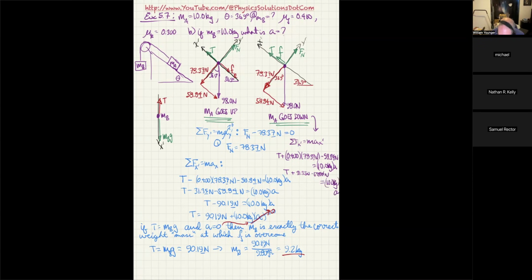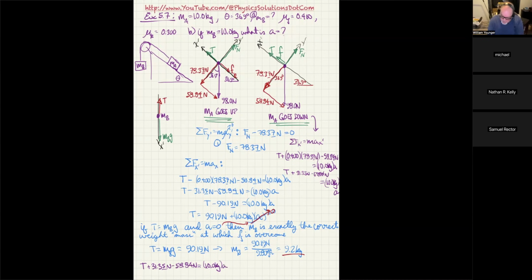That's really the worst thing I've ever done. So I'm going to go ahead and write it down here. T plus 31.35 newtons minus 58.84 newtons is equal to 10.0 kilograms times a.